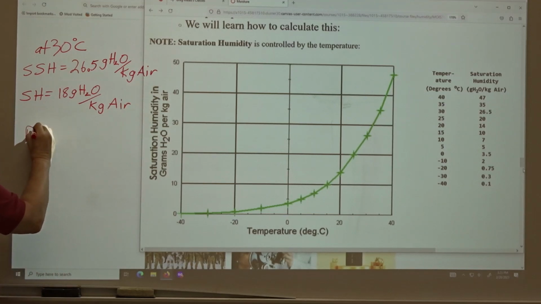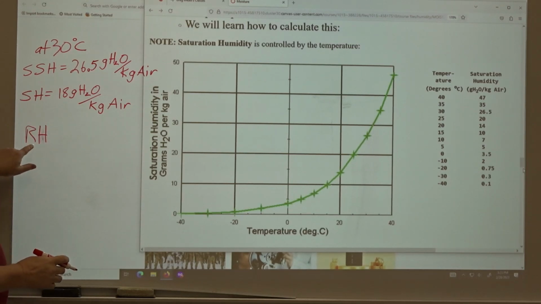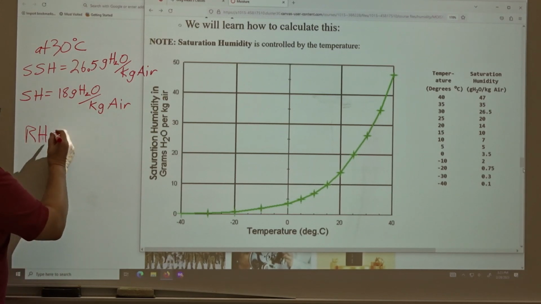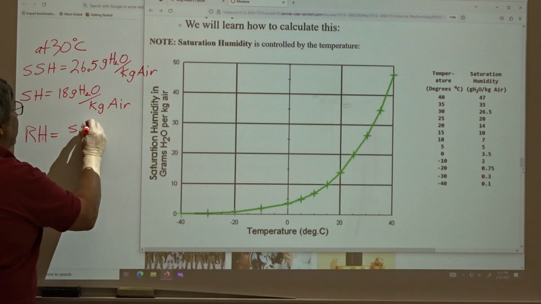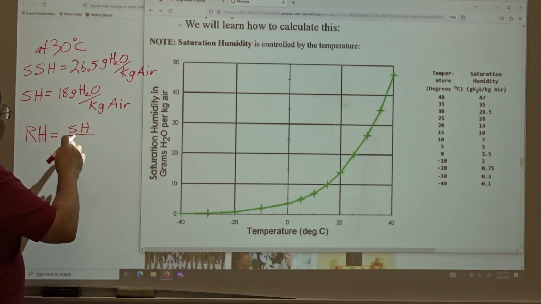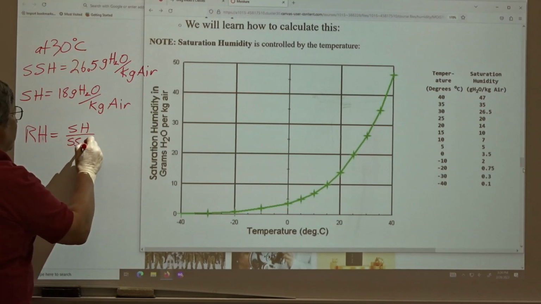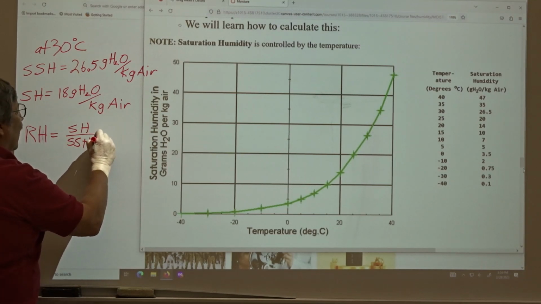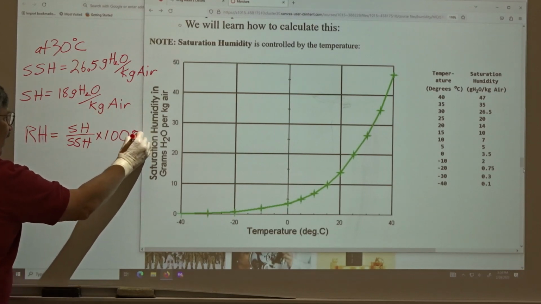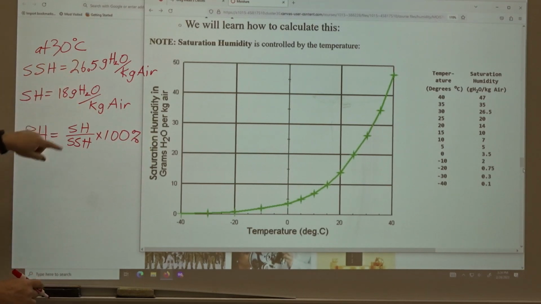So our relative humidity, again, and it's a good idea, especially as you're learning how to do this, to always write out the equation for relative humidity. Relative humidity equals specific humidity divided by saturation specific humidity times 100. And now that you've got that written out, you can write in the actual numbers.